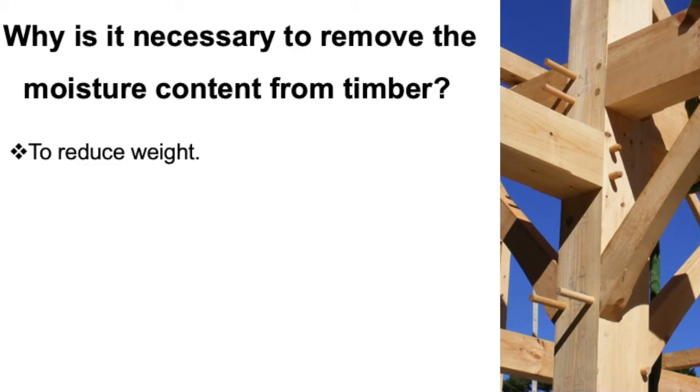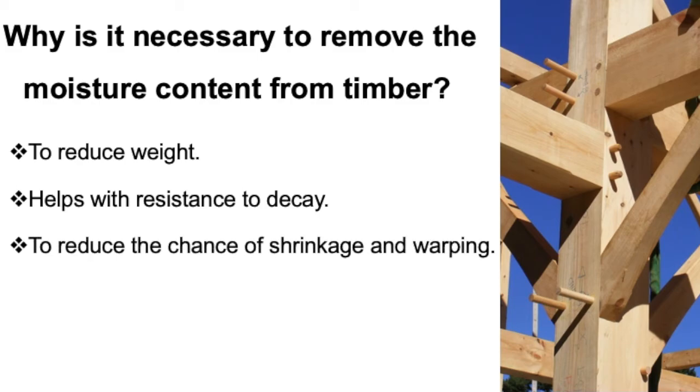For many reasons, such as to reduce its weight and to help resist decay. This is one of the big things, because if there's no moisture in the wood, you're depriving the microbes and the insects of the moisture to live in the wood. So it helps to prevent decay in that way.